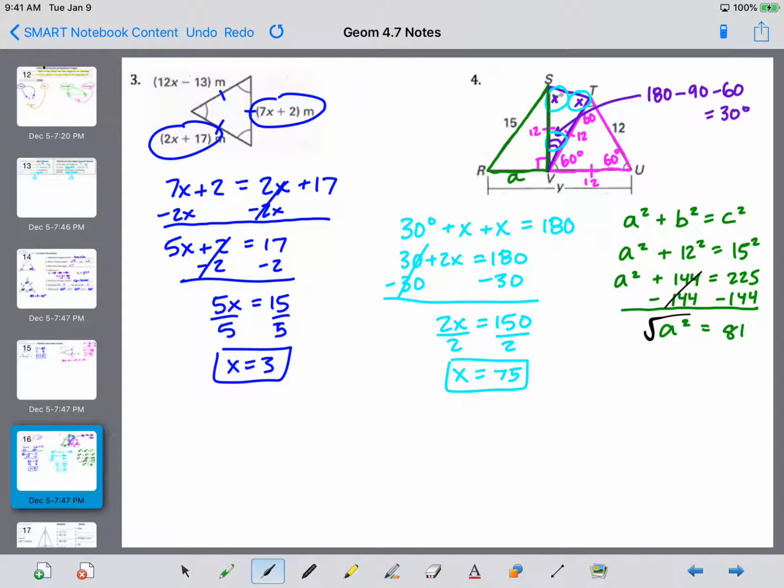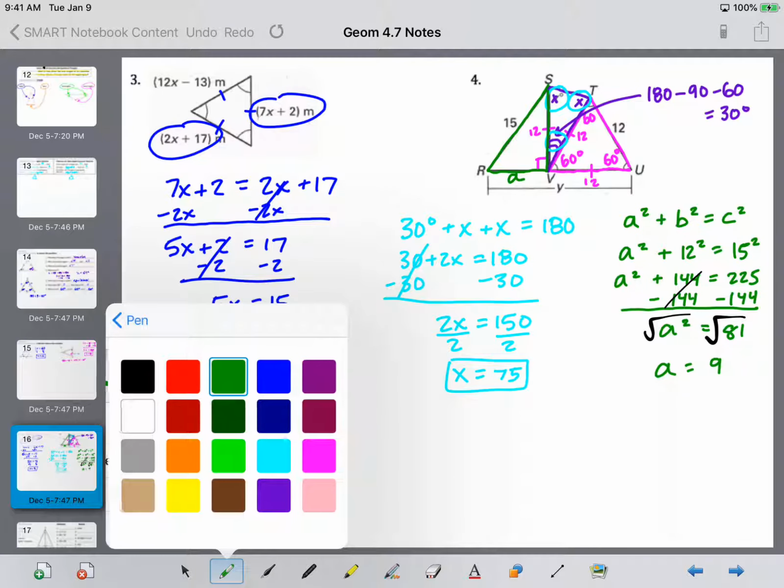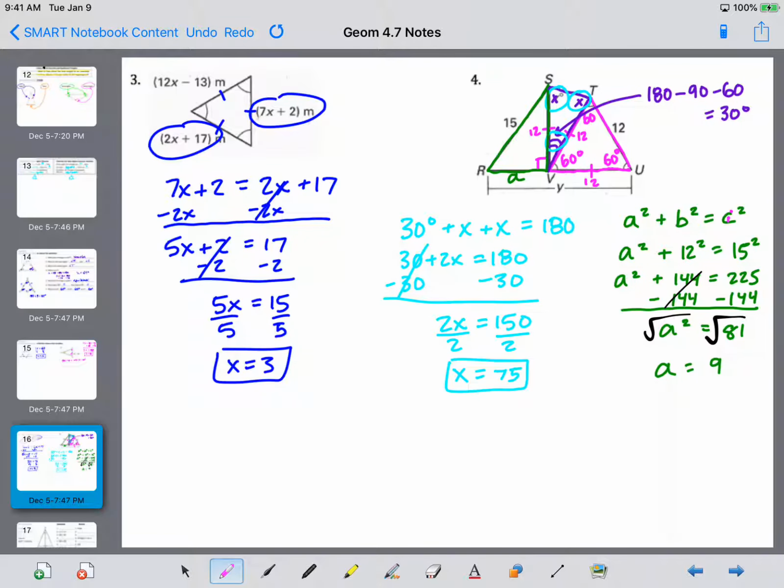And to get that square out of there, we can square root and end up with a equals 9. All right, so last but not least, if we know this from here to here is 9, and from here to here is 12, y is just going to be 9 plus 12, which is 21 units.